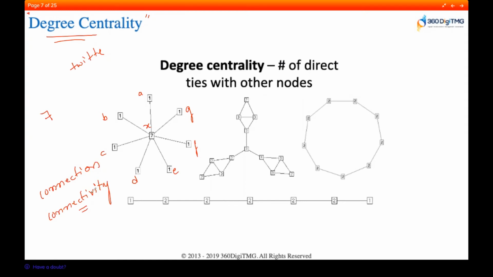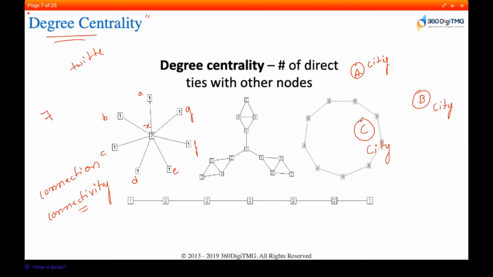In order to make you understand the difference between connection and connectivity, let me take an example of A, B, and C. Let's assume A, B, and C are our cities: city A, city B, and city C.